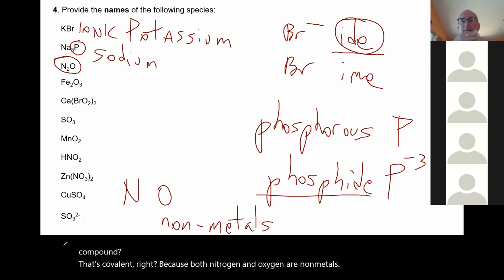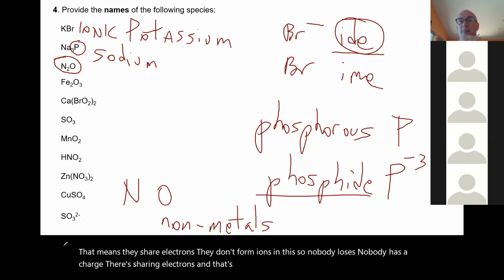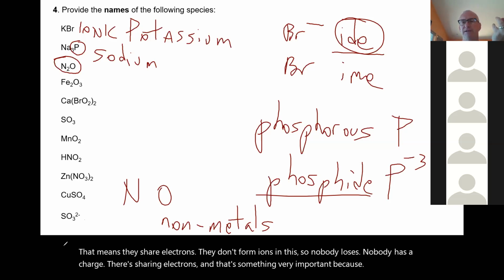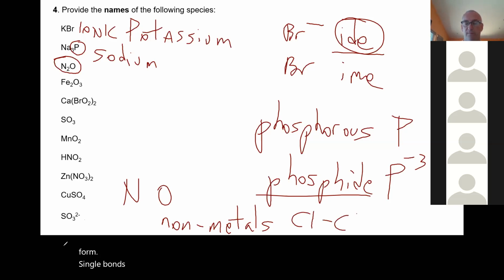That means they share electrons. They don't form ions in this. So nobody has a charge. They're sharing electrons. Now that's something very important because nonmetals can share electrons in all kinds of different ways. They can form single bonds, like chlorine to chlorine, that forms one bond. Now a bond is one shared pair of electrons.